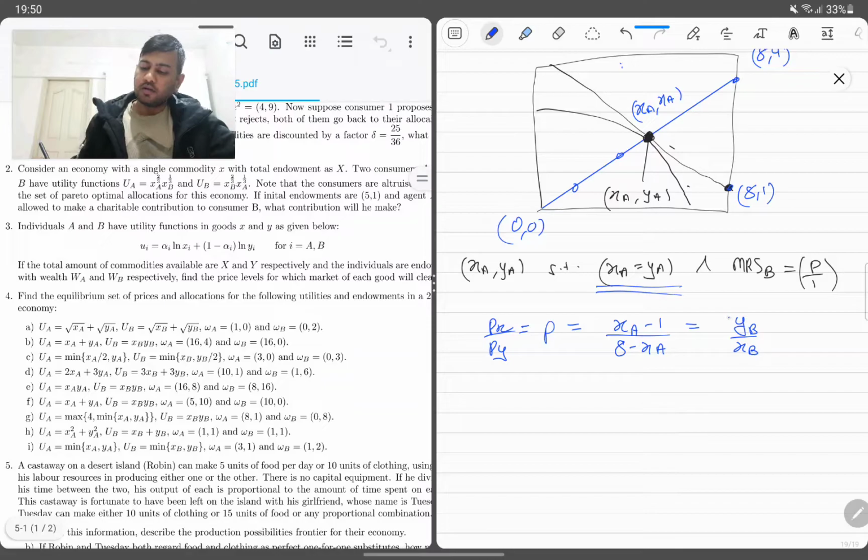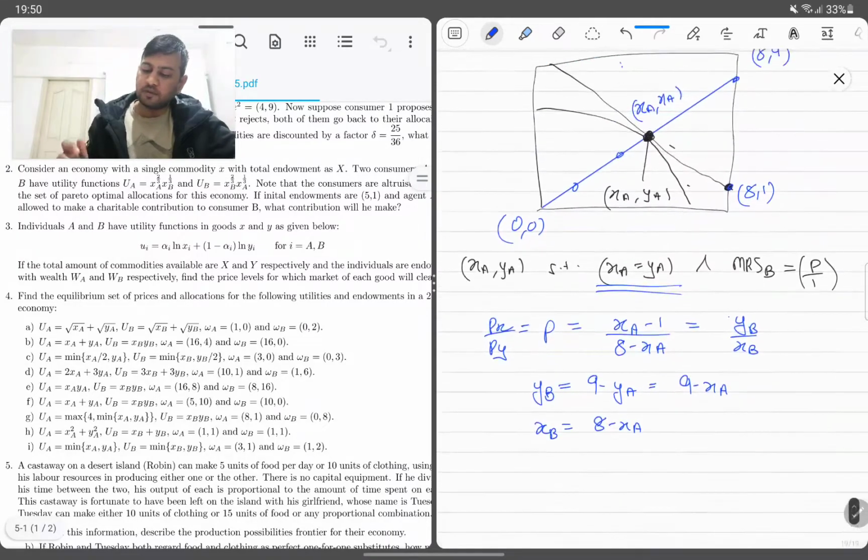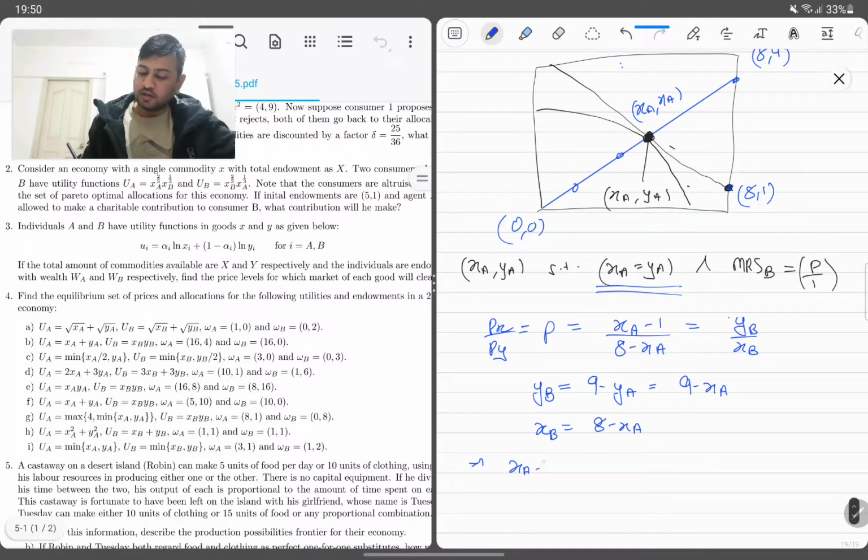Okay. Now YB is equal to 9 minus YA, which is equal to 9 minus XA, and XB is equal to 8 minus XA. So this simply gives me XA minus 1 upon 8 minus XA must be equal to 9 minus XA upon 8 minus XA.